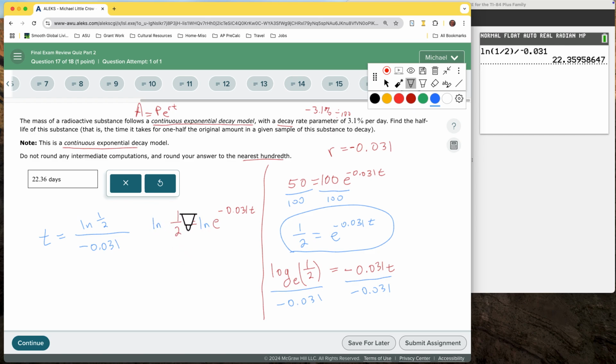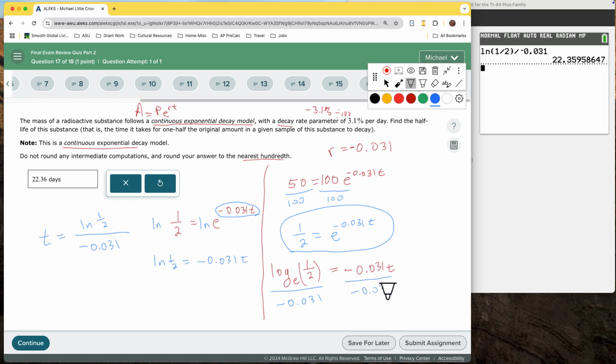So we've got the natural log of 1/2. When you take the natural log of e, they sort of cancel each other out. Basically, remember, as we've been talking, the exponent becomes the answer. Natural log and e go away, and that's what we end up with: the natural log of 1/2 equals negative 0.031t.